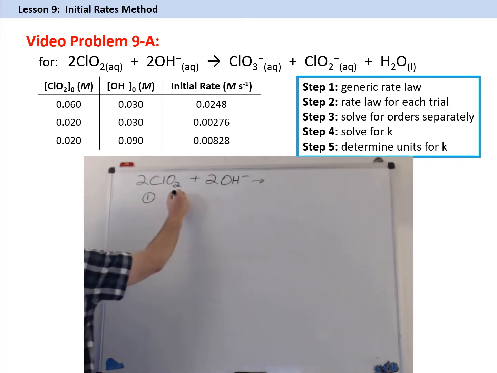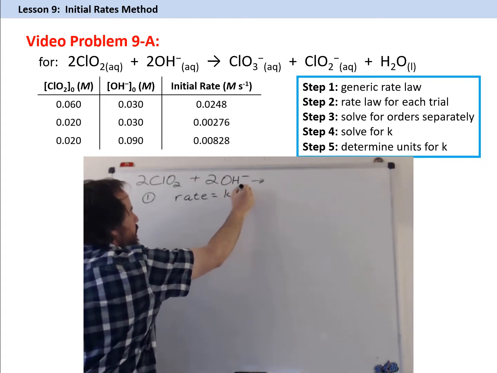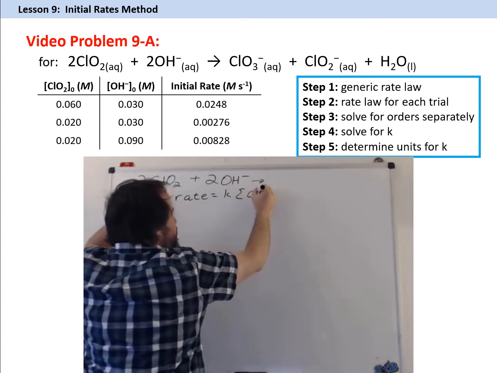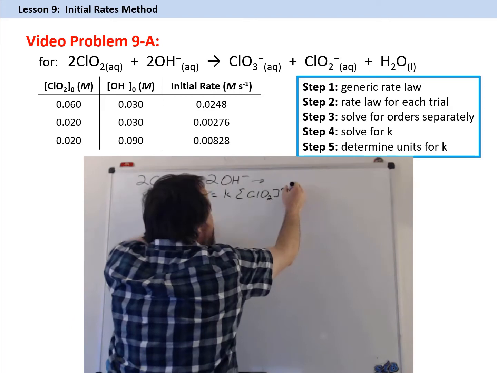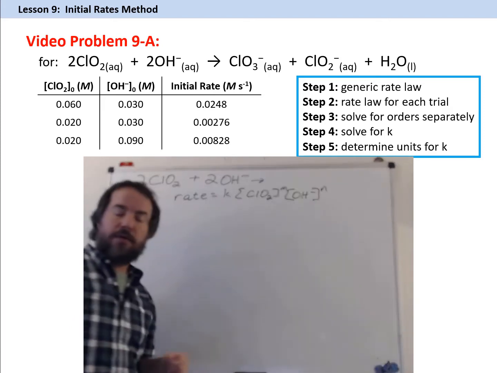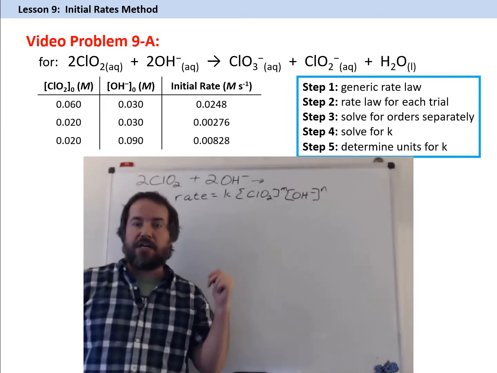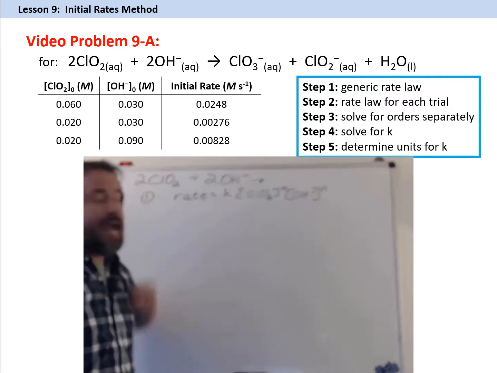The generic rate law is going to be the rate equals K times the concentration of ClO2 raised to some power m times the concentration of OH minus raised to some power n. We're going to try to figure out m and n, and then finally K.